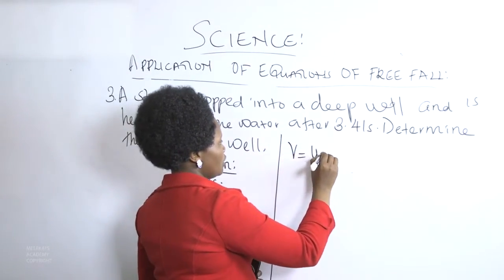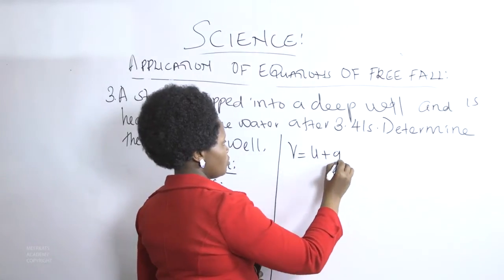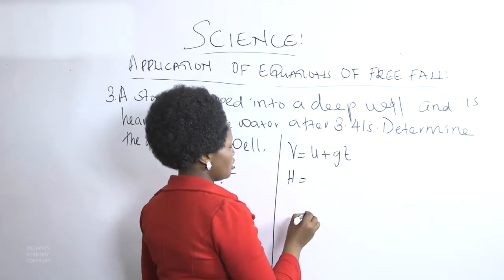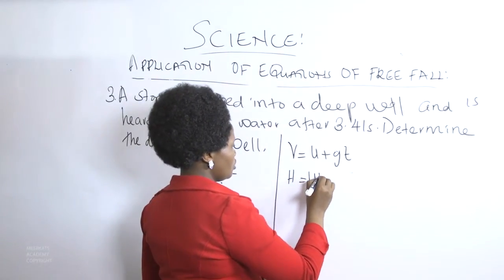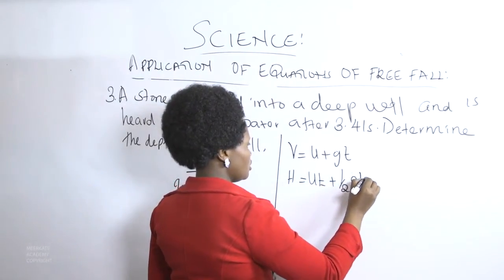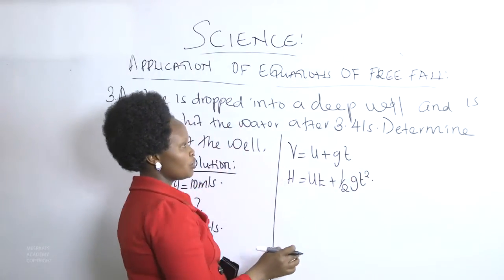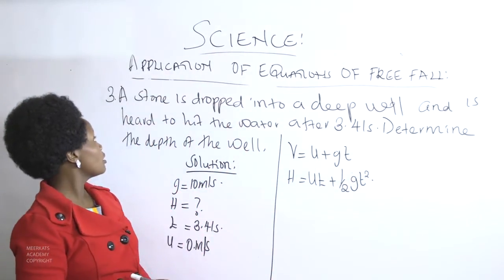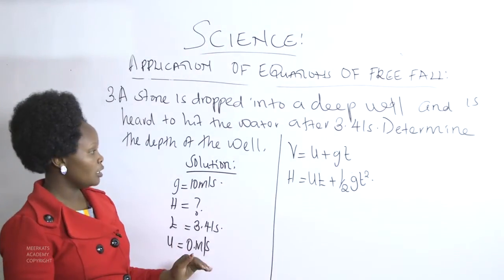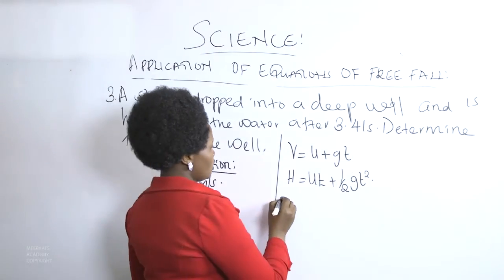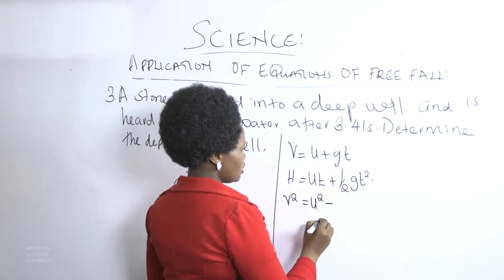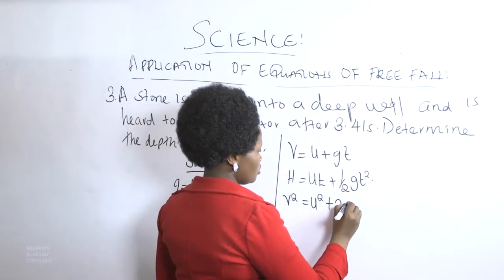V is u plus gt, then h is equal to ut plus a half gt squared, plus, because the stone has actually been dropped, so the movement is downwards. Then the last one, v squared is equal to u squared plus 2gh.